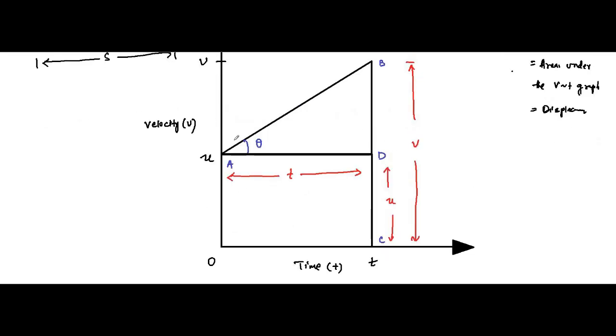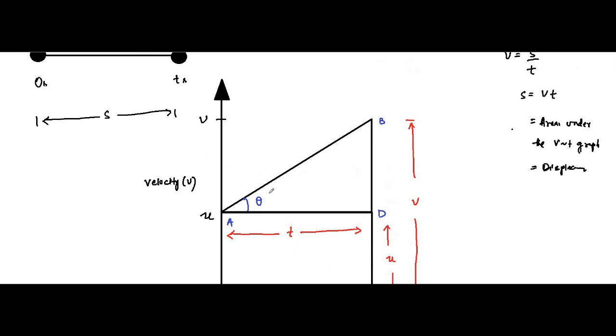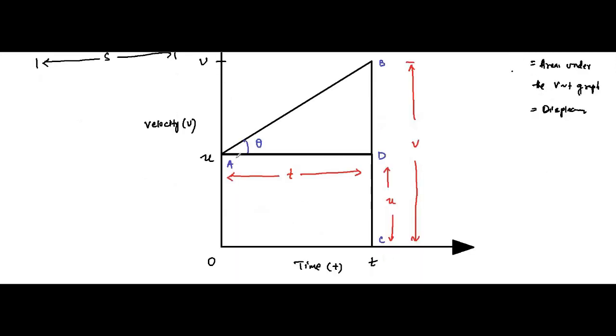So here if you see this velocity time graph, you can divide it into two parts. The area under it, the total area, is OABC. This entire thing can be divided into two parts.